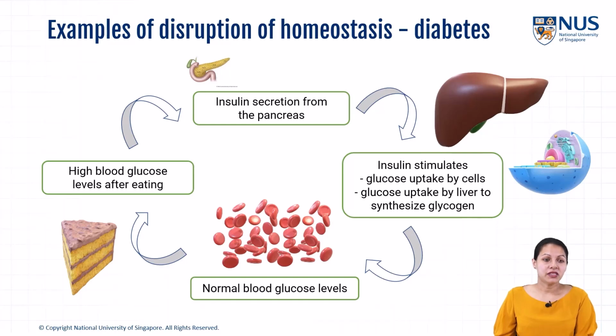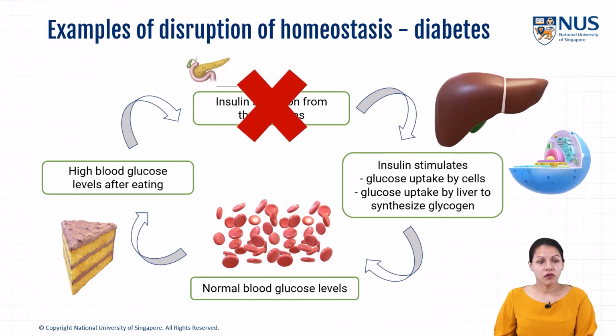If a person consumes a high calorie meal containing a lot of sugar, the blood glucose content will go up and insulin will be secreted from the pancreas. Insulin will stimulate glucose uptake by cells and also glucose uptake by liver to synthesize glycogen. This will bring the blood glucose levels to normal.